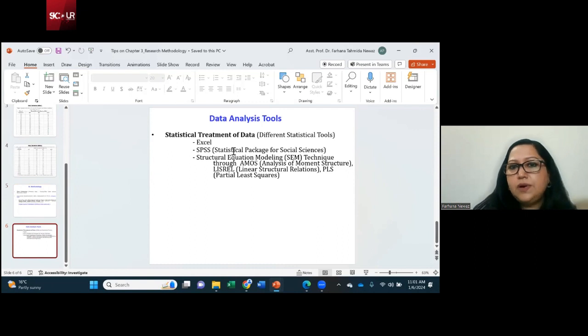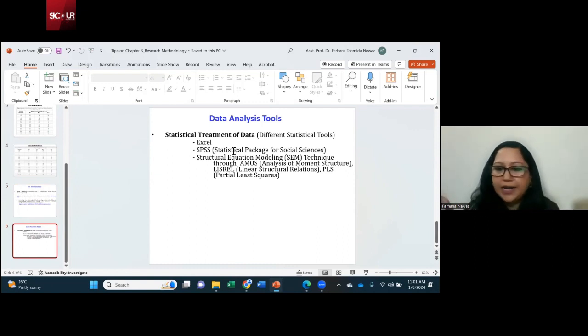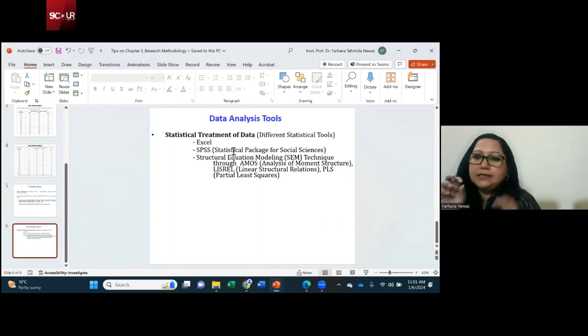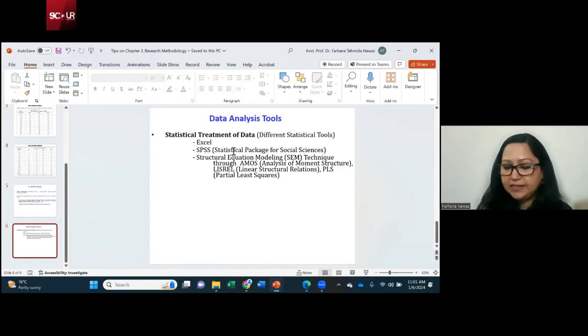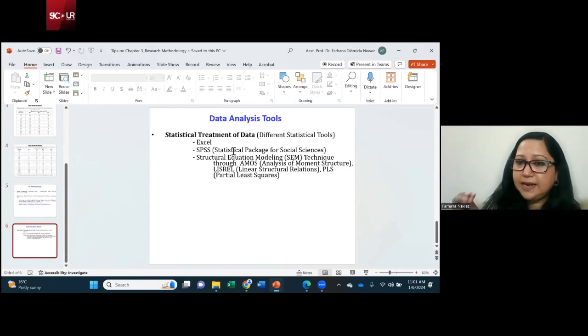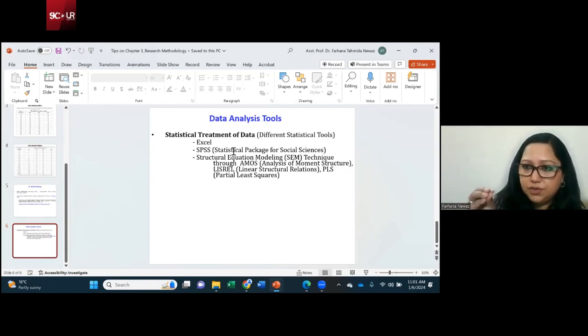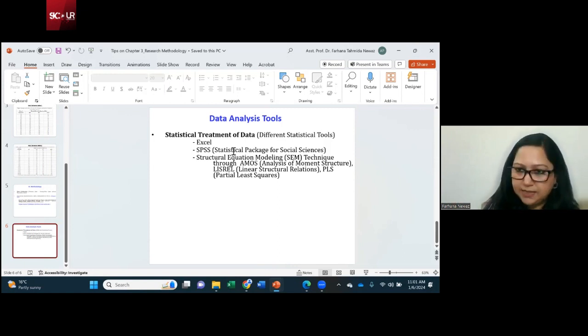Okay, now come to the next point: the data analysis tool. When you are presenting your proposal, as well as writing your research methodology chapter, at this moment you don't need to say so many things about your statistical tool, but at least you need to mention which particular data analysis tool you are going to use to analyze your data.